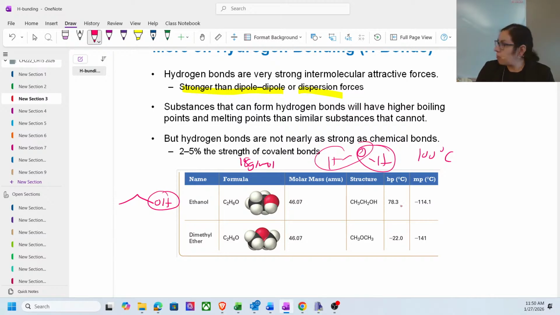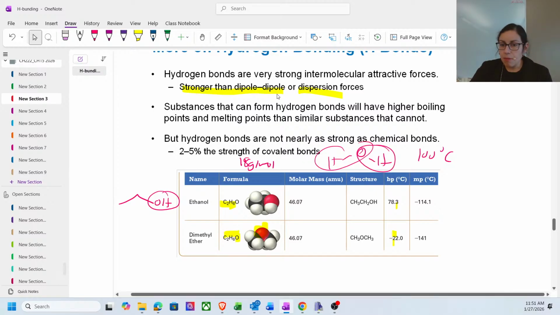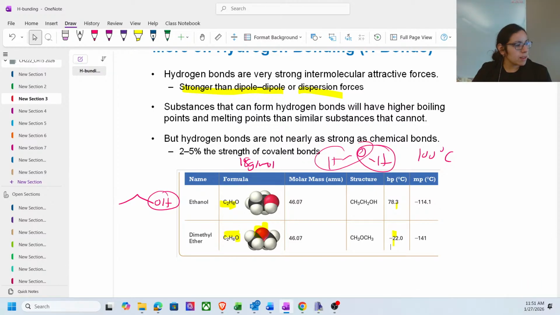It gives it a boiling point of 78 compared to dimethyl ether. Notice how they're the same formula. Our dimethyl ether still has an oxygen, but because it's in the middle there, and it's not that hydrogen bonding scenario where you have that stripped electron density, you have quite a difference in boiling points. Dimethyl ether is negative 22 degrees Celsius. So that really should hopefully make you appreciate the power of the hydrogen bonding there.